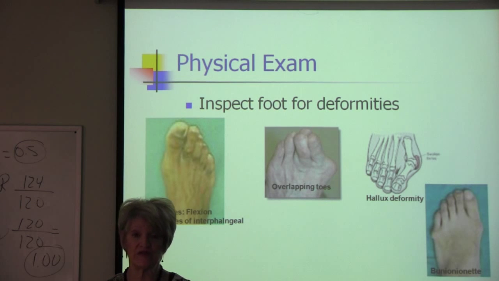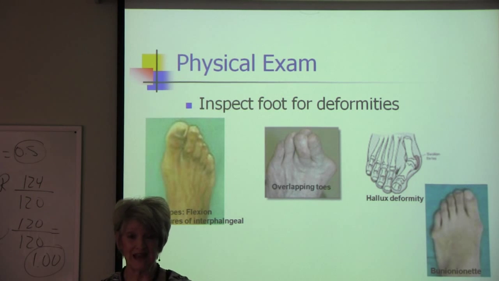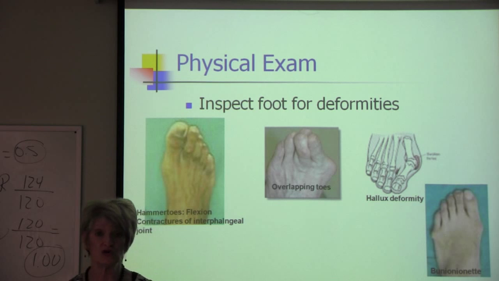The next thing we want to evaluate for is any evidence of motor neuropathy. And you remember from our previous discussion that it's the motor nerves that maintain normal muscle function. Muscle function in turn maintains the normal contours of the foot and normal weight bearing. So you want to inspect the foot for any deformities.